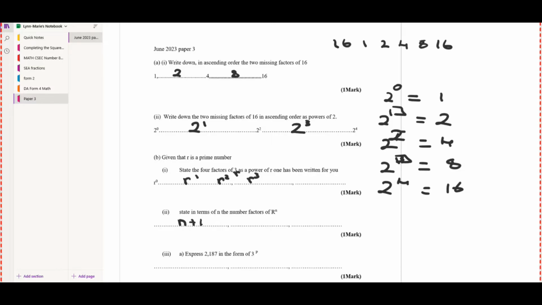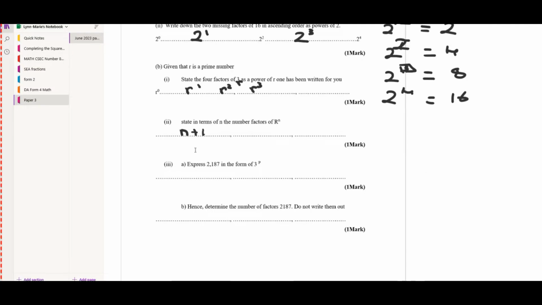Right? Now express 2,187 in the form of 3 to the power of p.